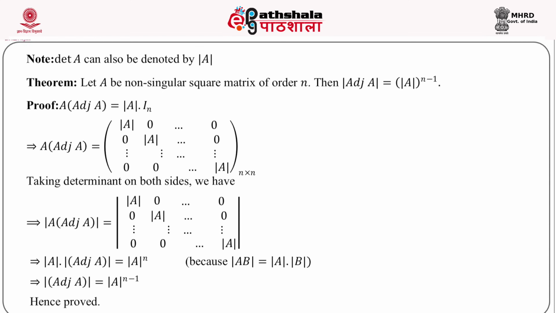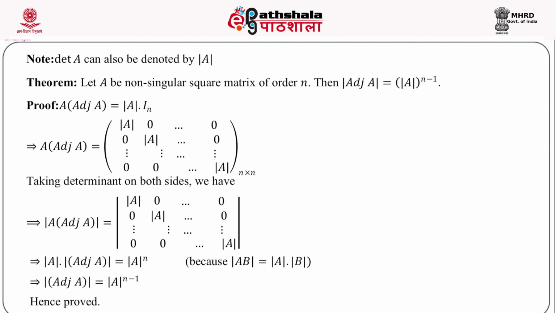Now taking the determinant on both sides of these matrices, on the left hand side we have determinant of A into adjoint of A, and on the right hand side we have the determinant of a diagonal matrix. Now simplifying the right hand side, it is equal to determinant of A to the power n.